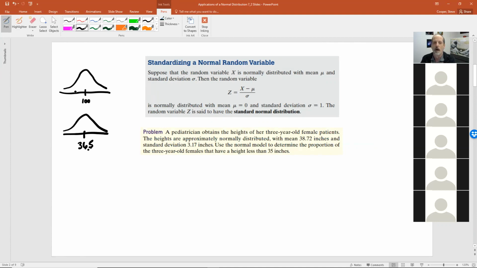So if you notice, this might be one standard deviation away. Let's say a standard deviation is 10, and that's 90, and this is 110. And here a standard deviation maybe is 2, so this would be 34.5, and this would be 38.5. So if I asked here, what's the probability that x comes in less than 90?